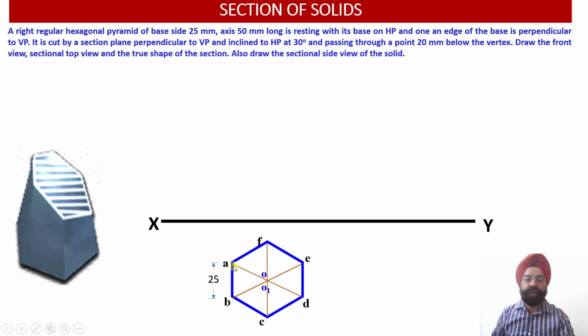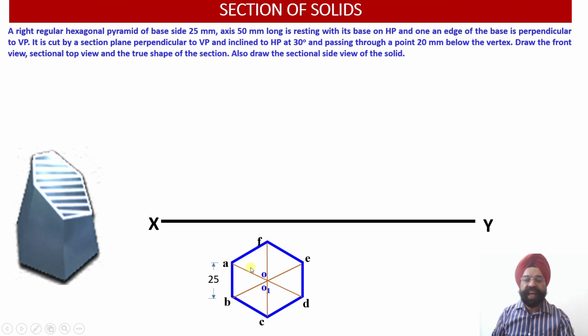Otherwise, if this problem were not related to section of solids, we would have joined all these lines or the diagonal points in a darker way, because in this case we are going to cut the top portion of this particular solid. So that is why we have drawn solid lines, but they have not been darkened.